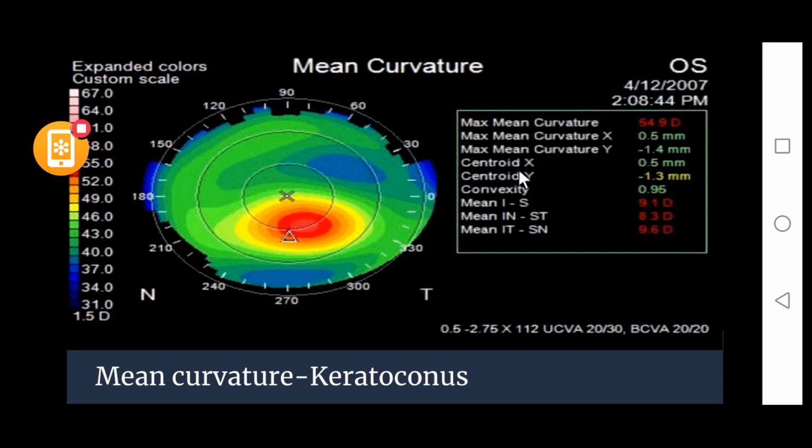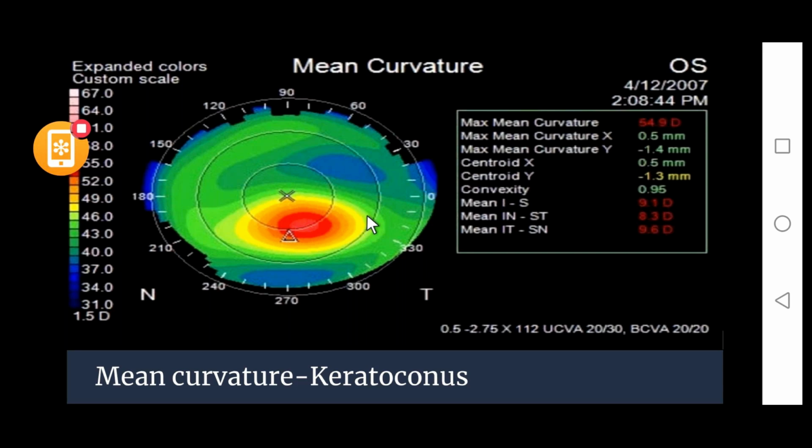Now there is something known as a centroid. As I told you, centroid is the position from where the hull is measured, in respect to the apex of the cornea, and then it measures your convexity.